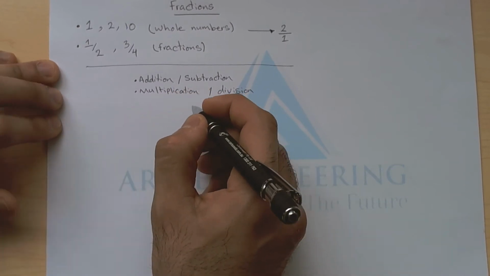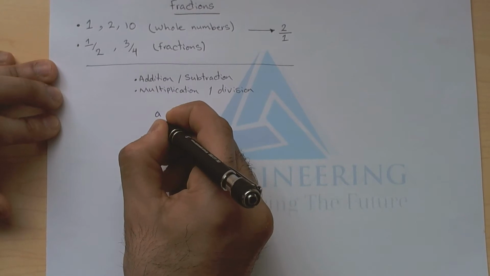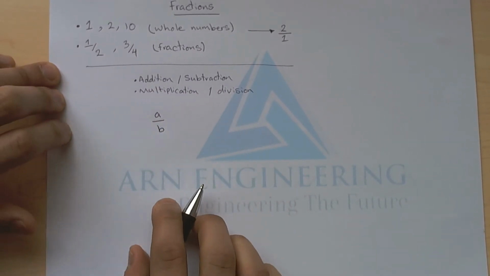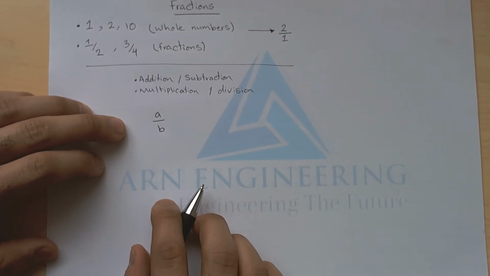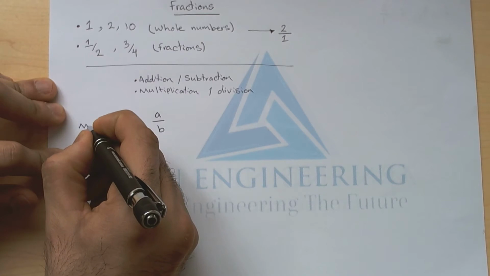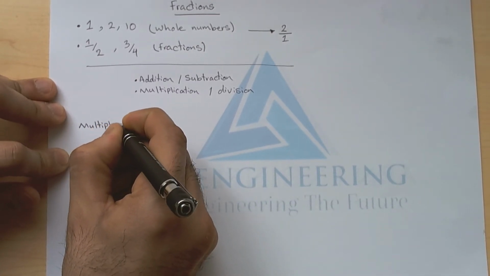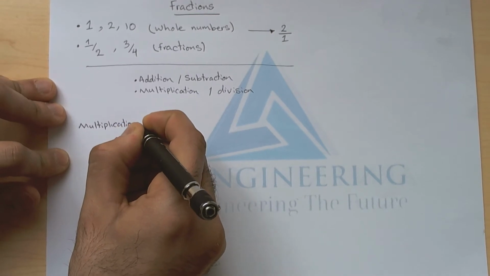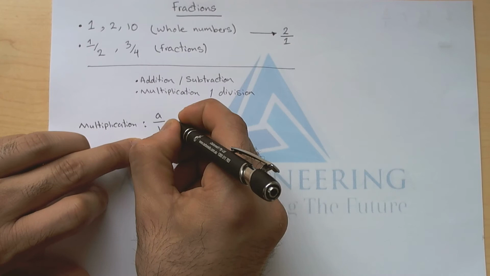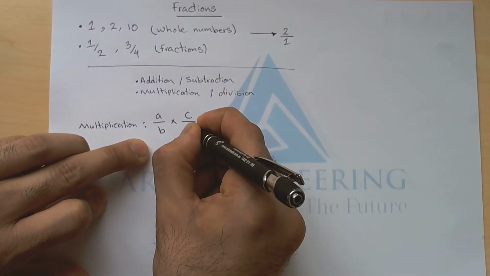To begin, I want to show a general form of a fraction. So let's say a over b, and let's start with multiplication, right? Because multiplication is probably the easiest. Let's say we want to multiply a over b by c over d.